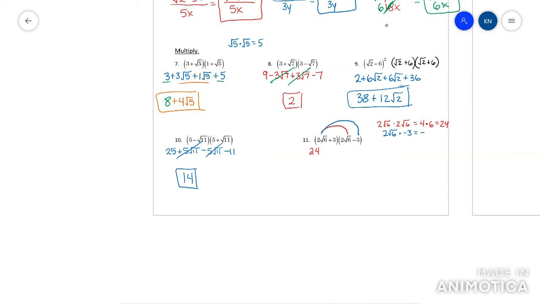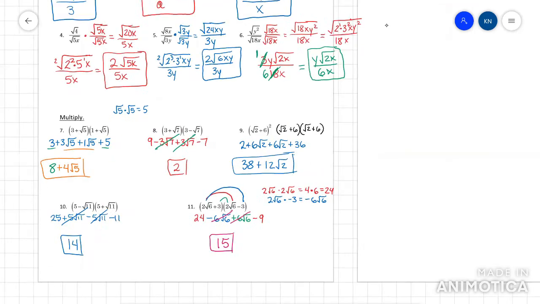Well, that's just negative 6 root 6. The inside would be, let me draw that a little better. This is the inside, would be plus 6 root 6. Same thing as blue, basically. And then the L of this FOIL would be 3 times negative 3, which is minus 9. All right, so your outside inside cancels again, and you end up with 24 minus 9, which is just 15.